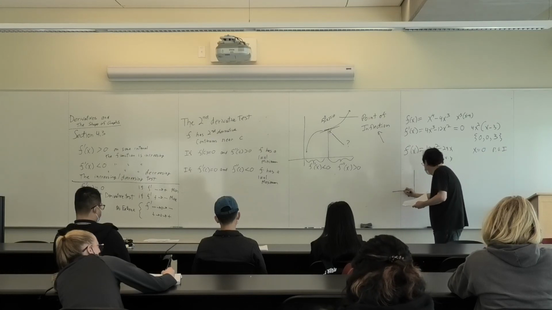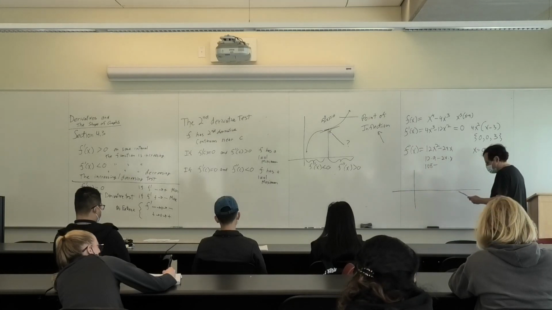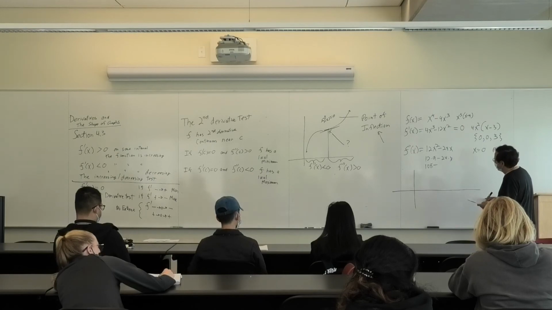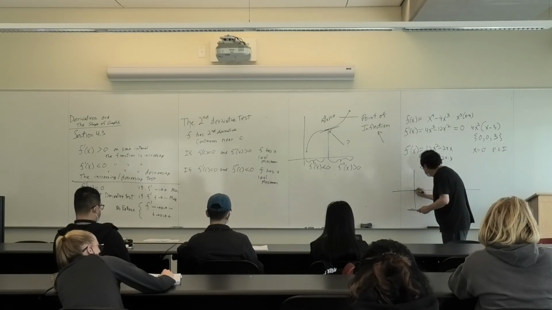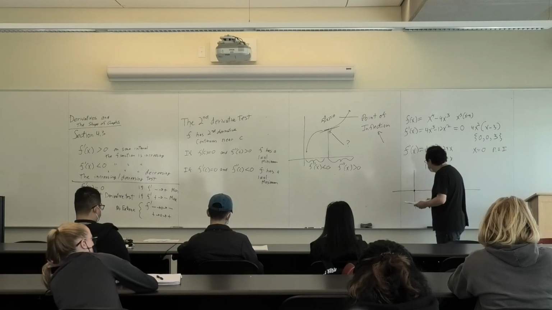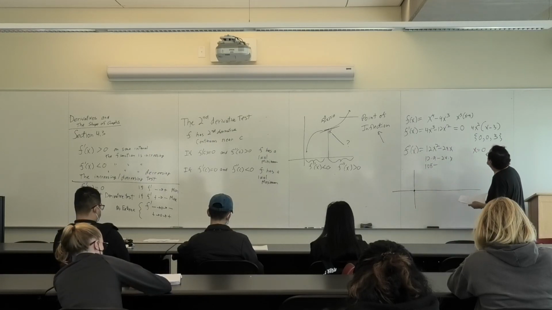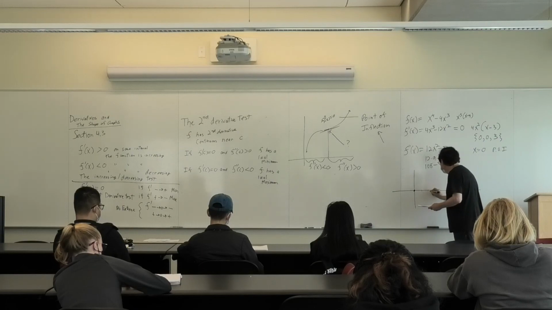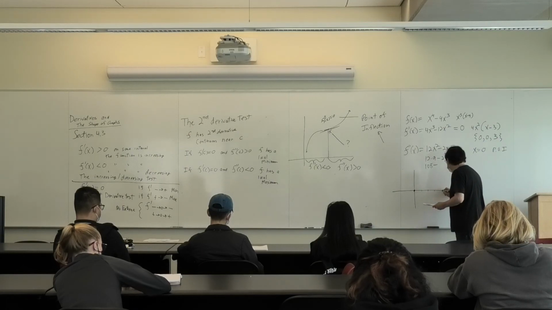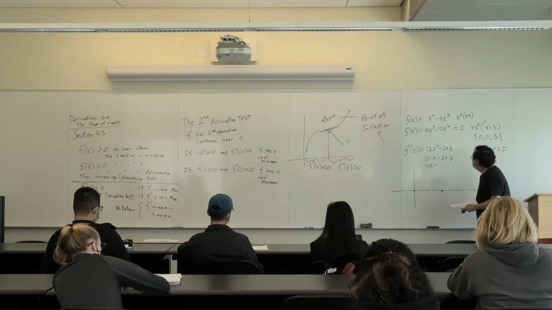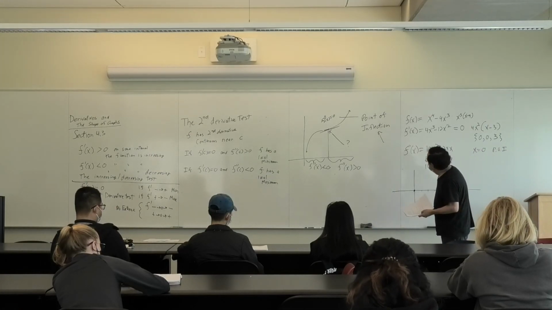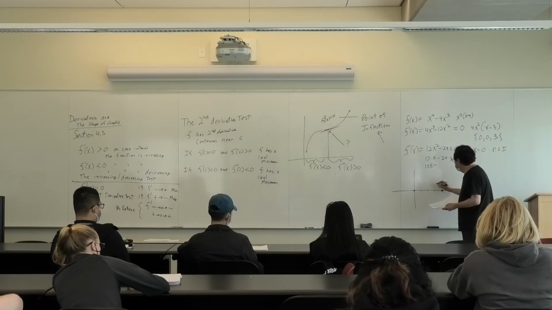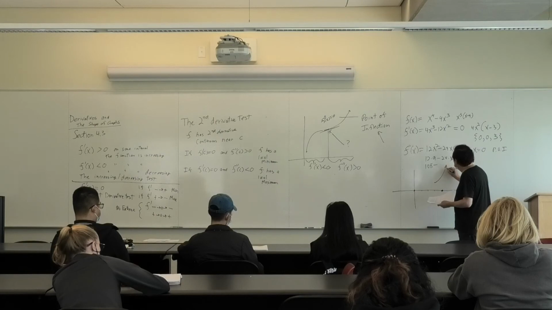See if we can get a feel for what this would look like. We know it crosses the axis, or touches the axis at 0. And then 2, 3, 4. What did I say? It's going to have a minimum at 3. So that means it's going to be going up afterwards.